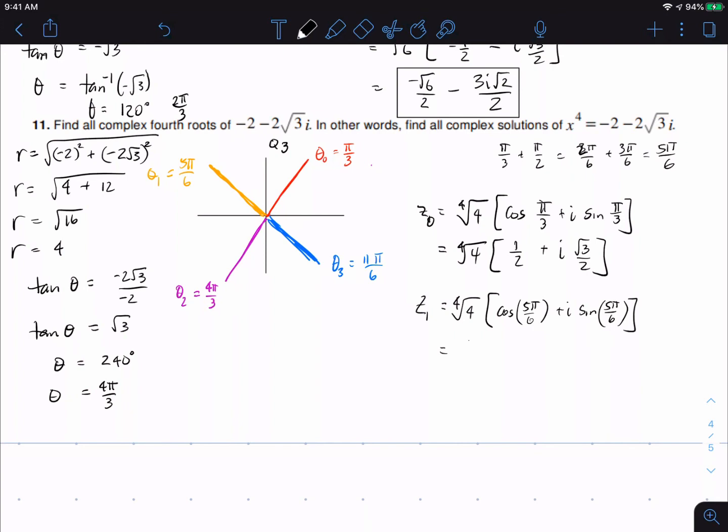And that's going to be the fourth root of 4, and cosine of 5 pi over 6 is going to be a negative radical 3 over 2 plus 1/2 i. Do you guys agree with that?